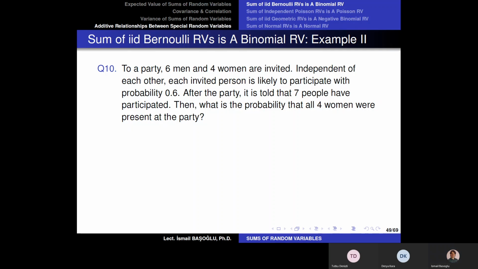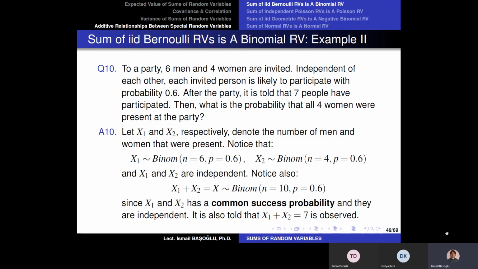Now, what I'm going to do for this question, I'm going to use my classical modeling approach. Now, if you want to solve these kind of questions, you need to use the modeling with random variables. Unfortunately, that kind of question cannot be logically answered. We need to combine everything that we have learned up to now.